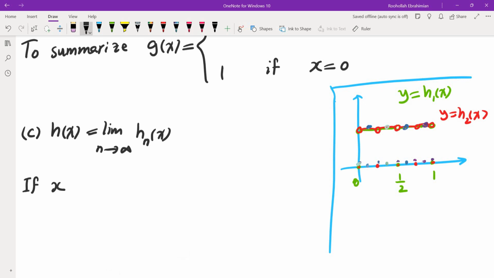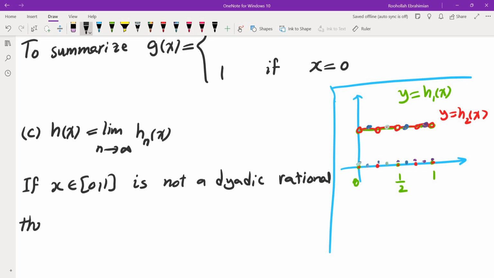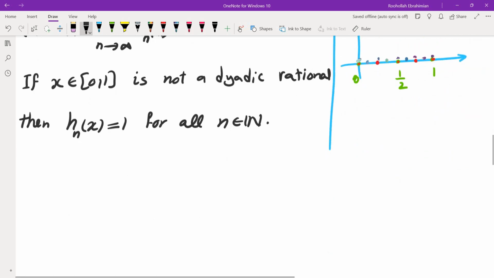If x between 0 and 1 is not a dyadic number, then hn of x would be always 1 for all n. And that means h of x would be just 1 because it's just a limit of 1.